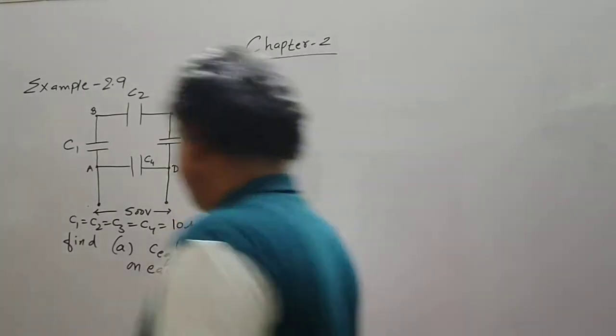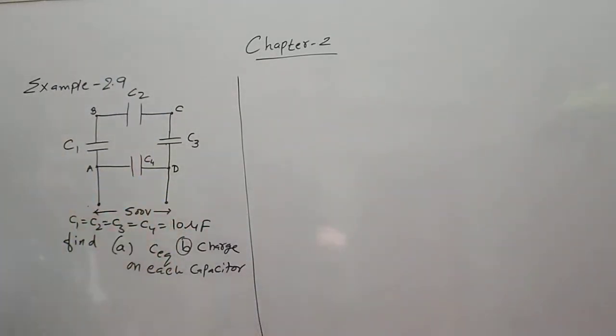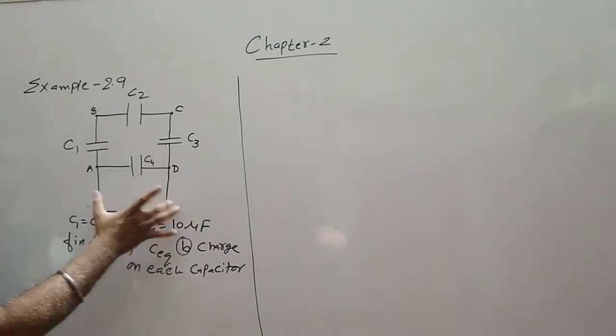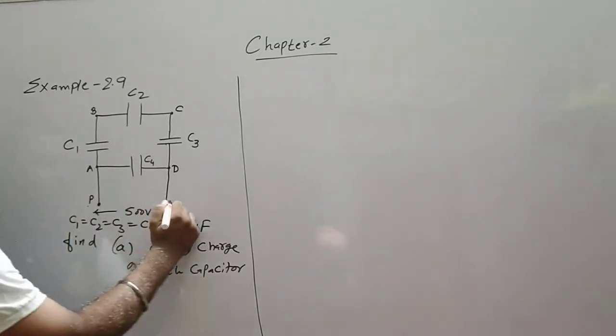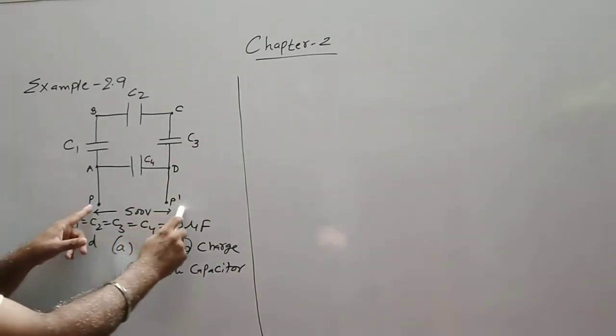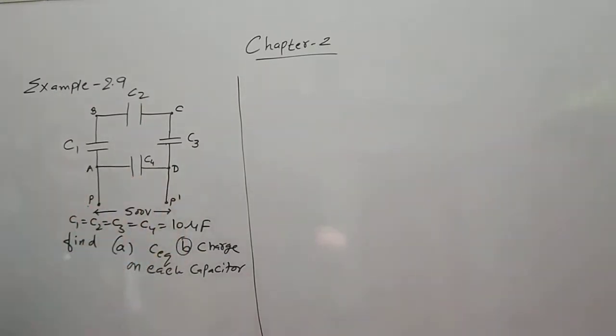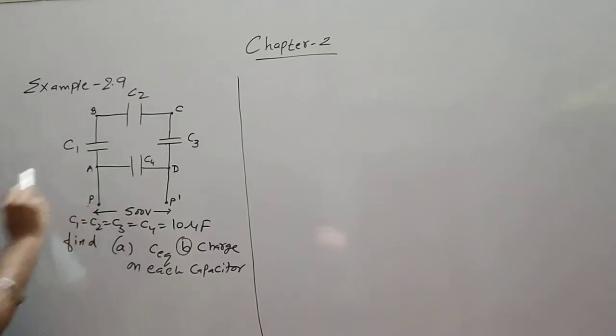Now in the figure, here we have a 500 volt battery. Let us name this point as P dash. Clearly, between P dash and D, there is no other component, and between point P and A there is no other component.